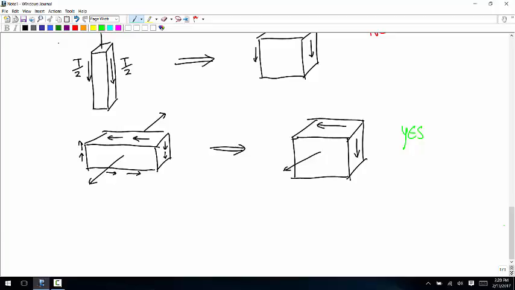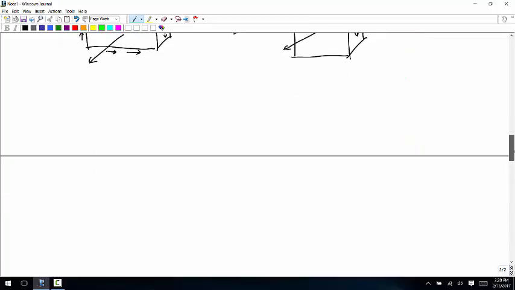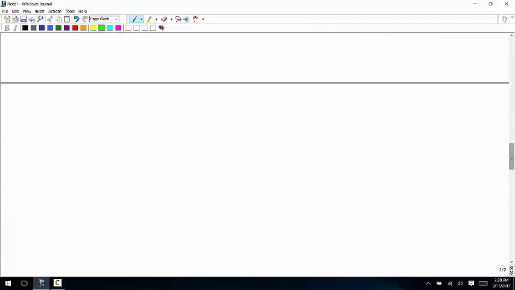Does where the forces are on the actual object matter for this? As in, if you have, say, this board, is the force here going to be the same as that? That's a good question. That's an important question, and I'm going to talk about that right now. One key idea.